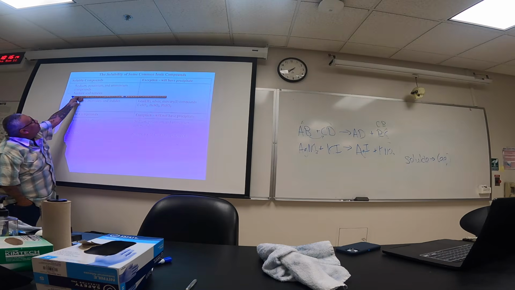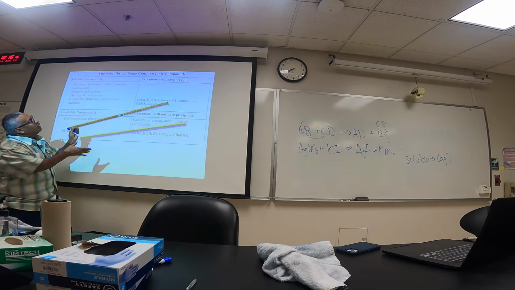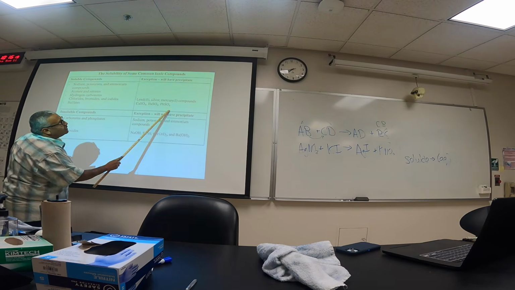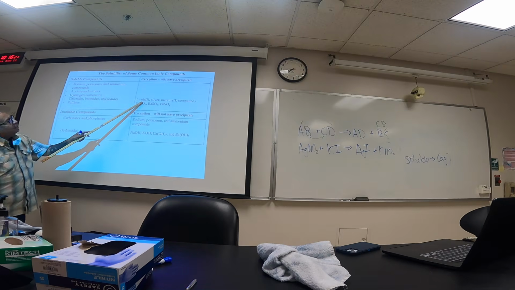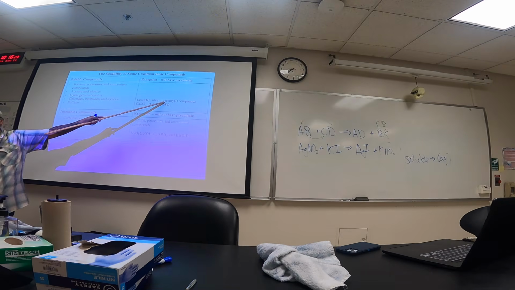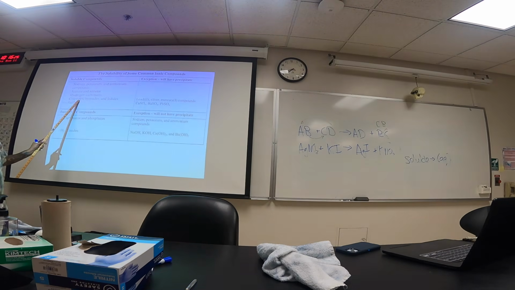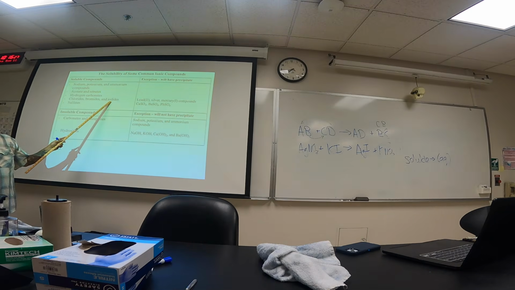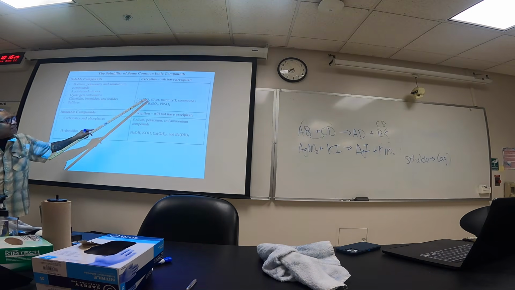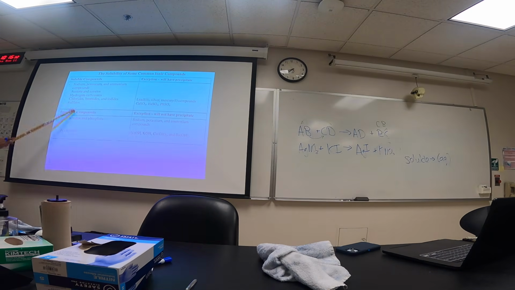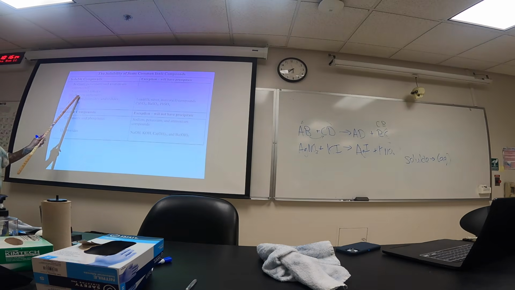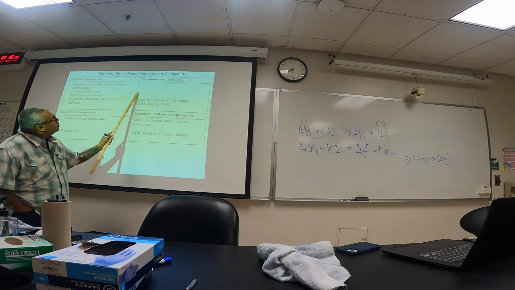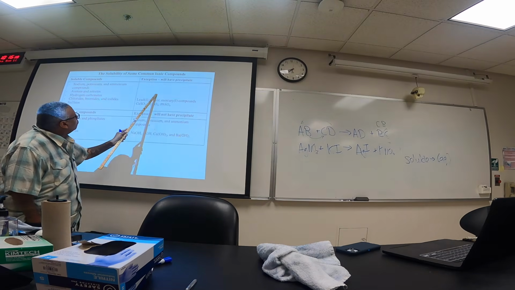Are there any exceptions to the rule as far as nitrates are concerned? Because these exceptions here, lead, silver, and mercury, are exceptions for chlorides, bromides, and iodides. So these are not exceptions to the rule for all of these. As far as nitrates are concerned, is there any exception to that rule?